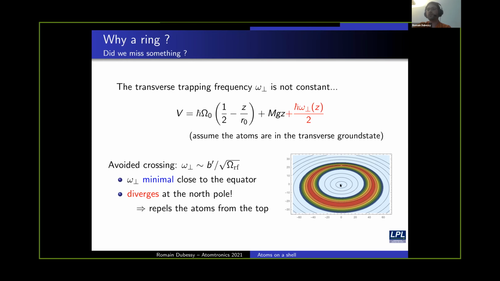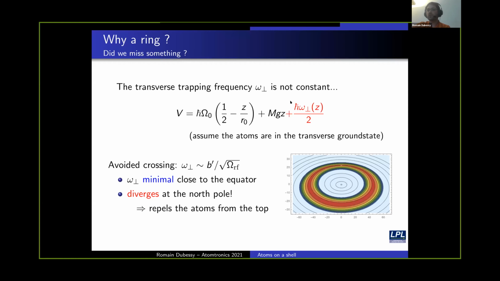This is a kind of subtle effect that we didn't think of in the beginning: when you assume that the system will be two-dimensional, you still have to take into account the zero-point energy of the transverse confinement, because it's not homogeneous on the whole surface. And you can see it in the difference between the isopotentials here and there, which are more spaced here and closer near the top.